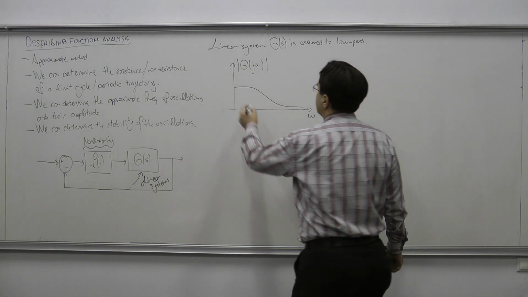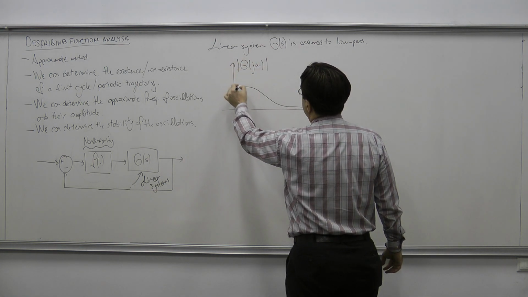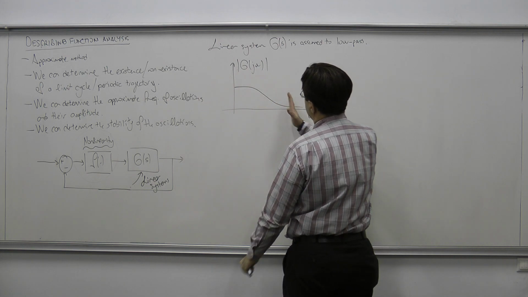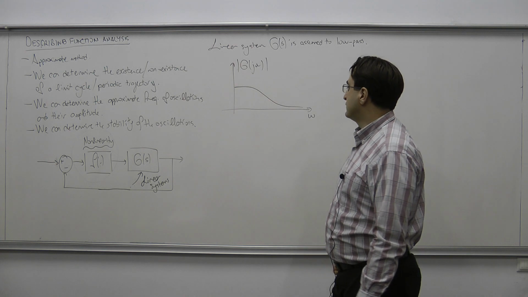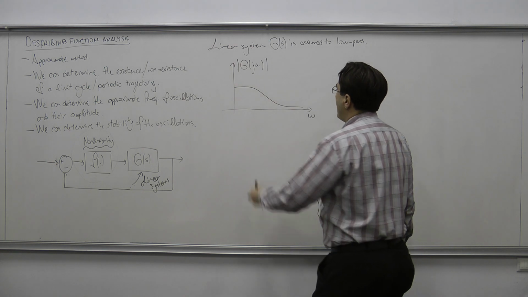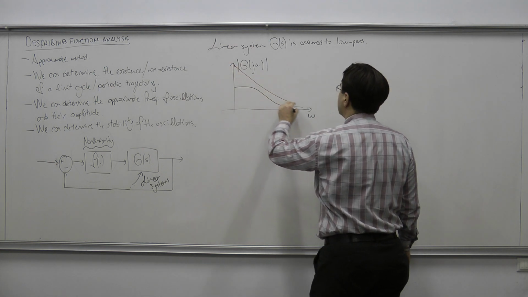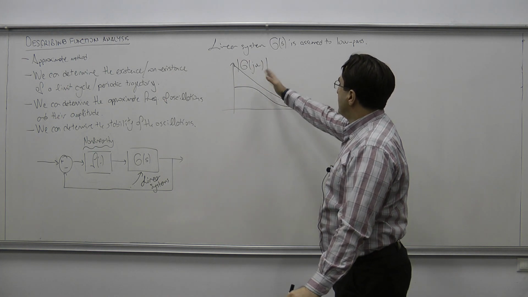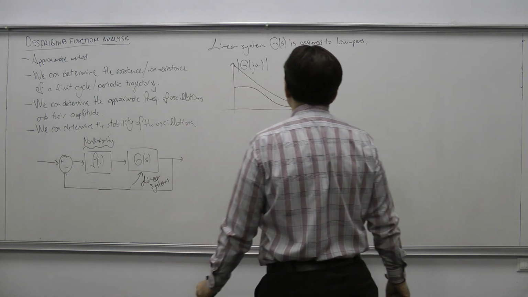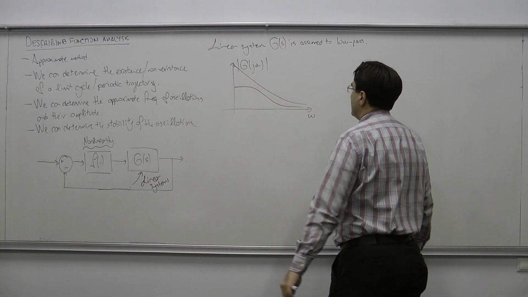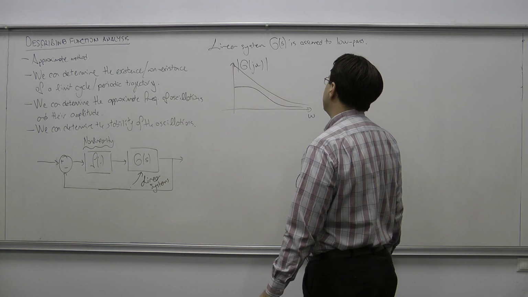So either the G of j omega should be in this form, attenuating higher frequencies, which is a low pass type of filtering structure, or it needs to be like this, okay? Both of these types of systems are called low pass systems because they are punishing high frequencies, all right?